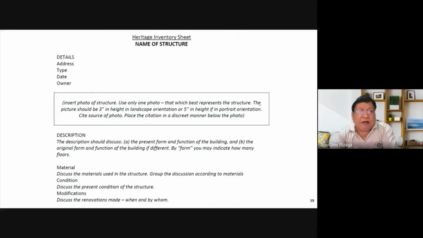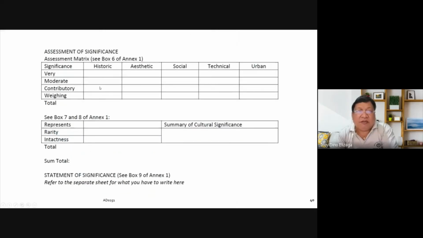Okay, these are just again information like the one I showed earlier that shows details: address, type, date, the owner, then the pictures, and then a description, then what material, what condition, what modification, and then the assessment of significance. You have to fill in this table. So here it's different. Instead of writing about each of these aspects or values, we do a numerical scoring.